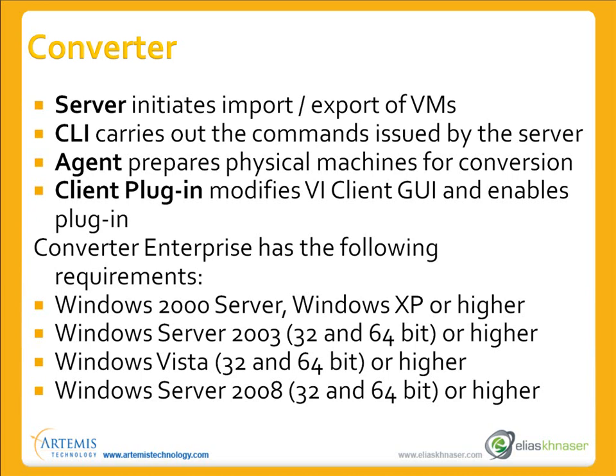The client plugin is what modifies the VI client GUI, expanding the virtual infrastructure client's GUI. Converter Enterprise typically, and as best practice, calls for installing it on the same server as your virtual center server because they are very intimately connected.